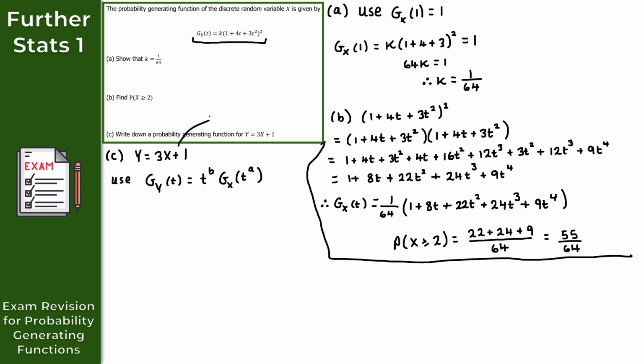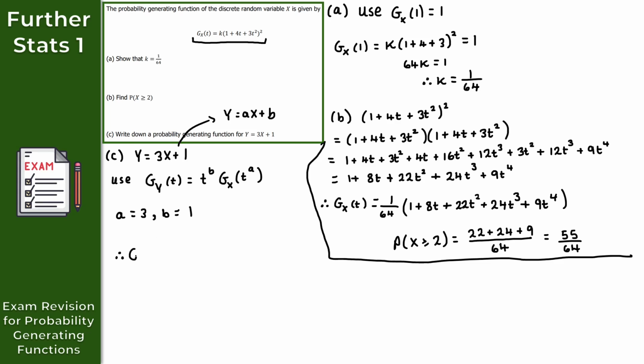So in that case, a here is this coefficient, which is 3, and b is this term here of 1.